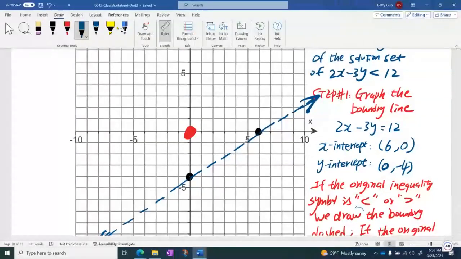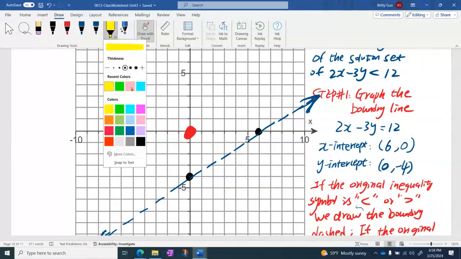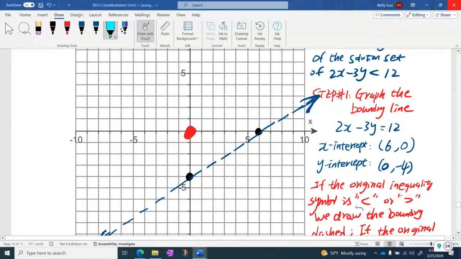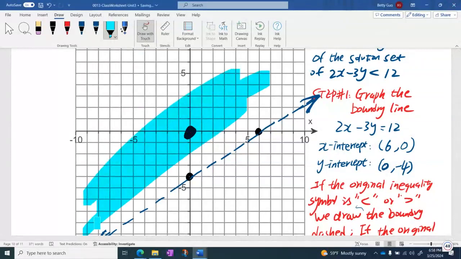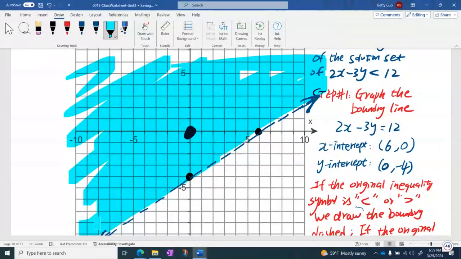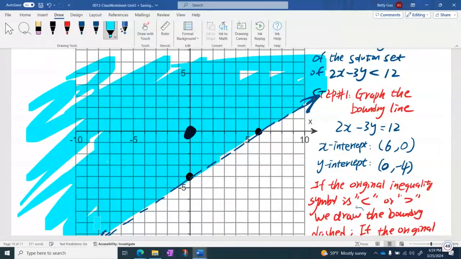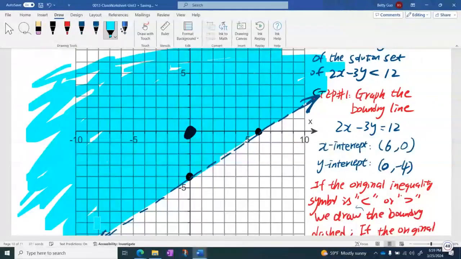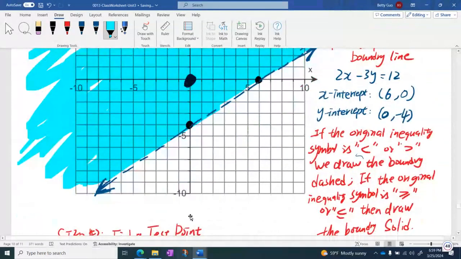So that's the reason we are going to highlight the region above the boundary line. We're going to highlight the region above the boundary line, and that highlighted region, the shaded region, is the solution set.